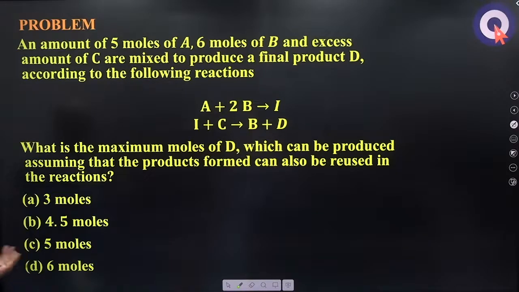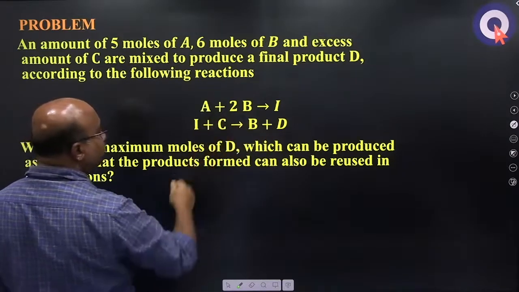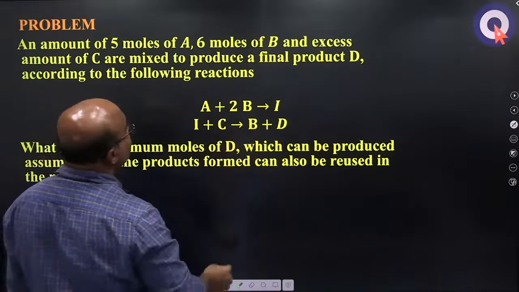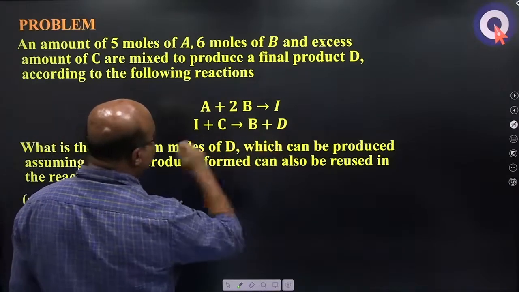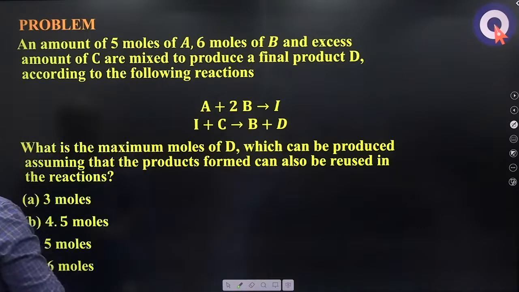So I is some intermediate product which is obtained from A and B. Then I plus C reacts to give B and D. So your final product is D. What is the maximum moles of D which can be produced, assuming that the products formed can also be reused in the reactions?